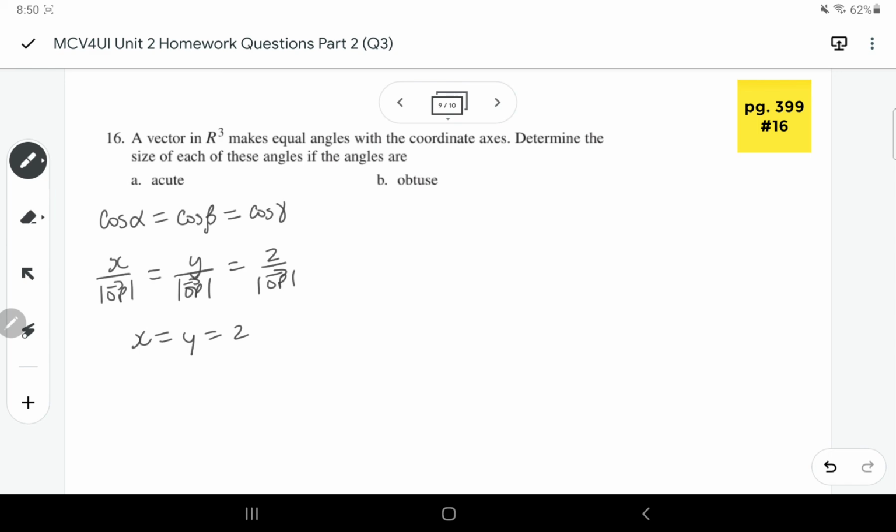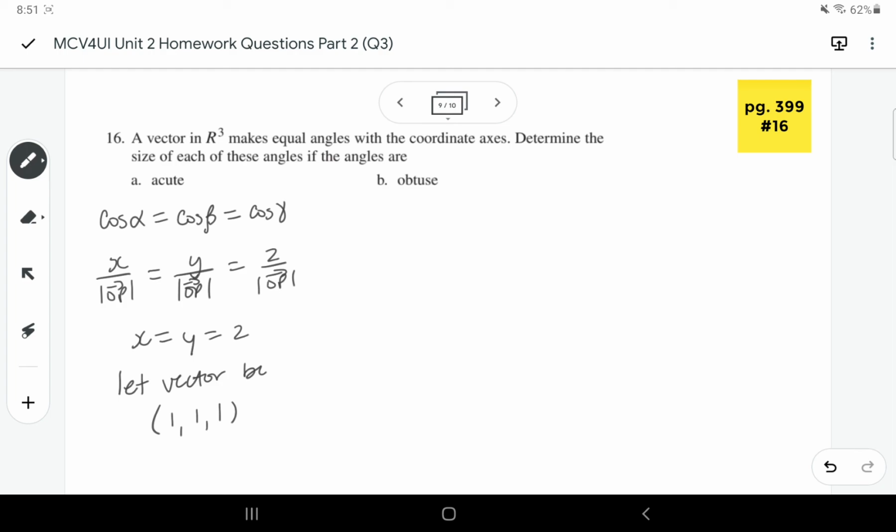So then we could let the vector be, for instance, 1, 1, 1. You could have it be 2, 2, 2, 3, 3, 3. It doesn't matter as long as your x and y and z components are all equal. So in this case, this would make acute angles because it's going in the positive direction to each of the x, y, and z axes.